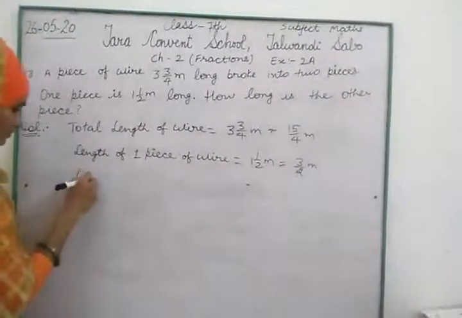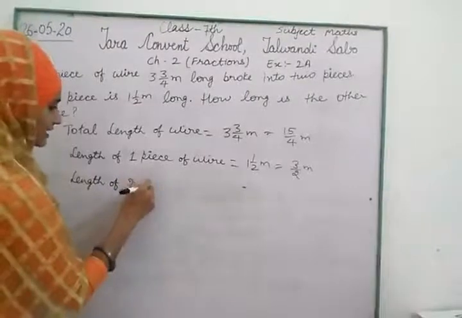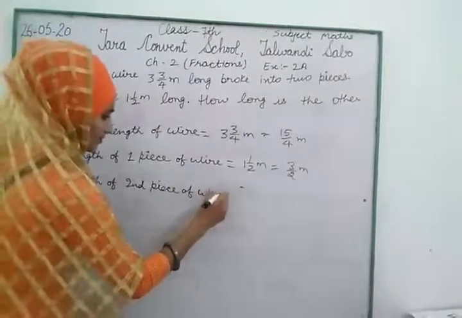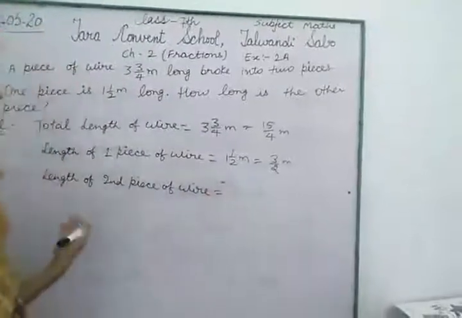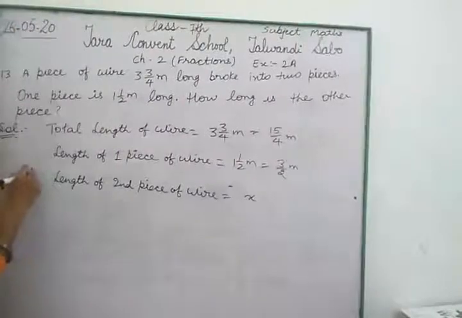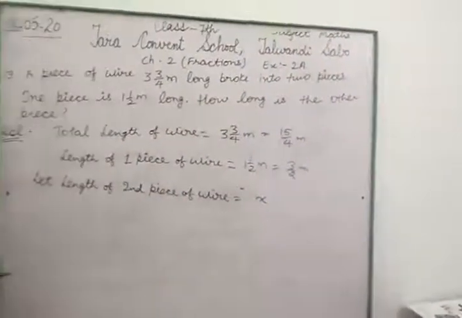Length of the second piece of wire we have to find out. So let the length of the second piece of wire be x meter.